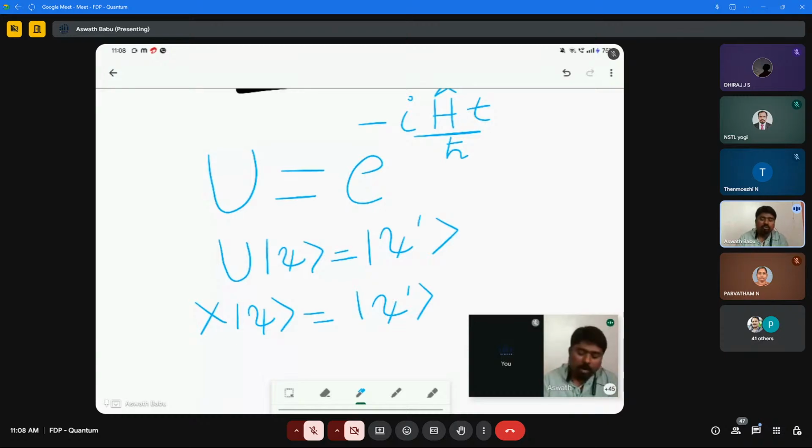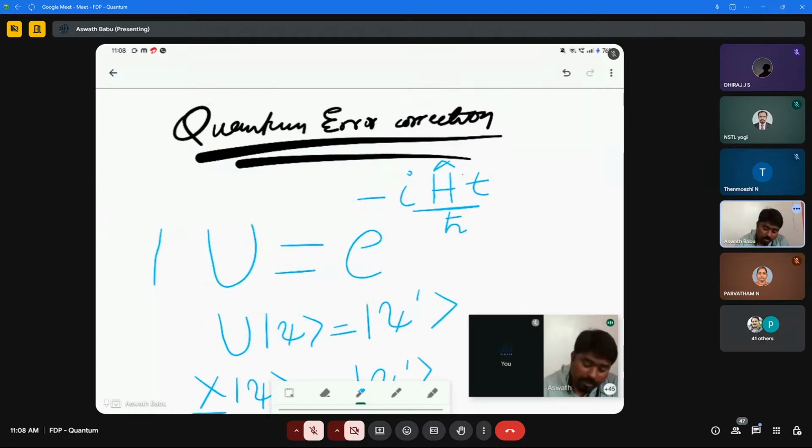Okay, right? So that is a unitary gate. X gate is a unitary gate. Now, the question you asked, we will come back to that. Now, the unitary gate is an X gate. Now what is the H corresponding to that? We should know.